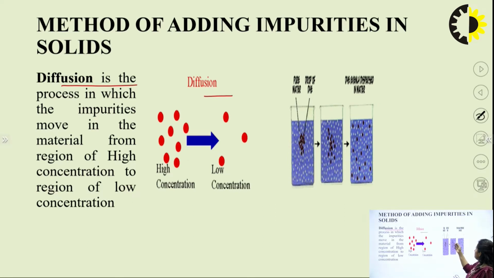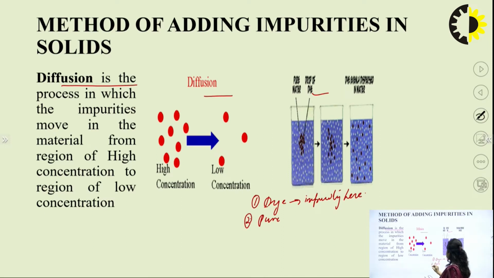When you put a dye in water, it will disperse and there will be a low concentration arrangement of the atoms. So we can see from this figure that the dye is the impurity here, and the first element is the dye, which is the impurity, and the pure water is there.